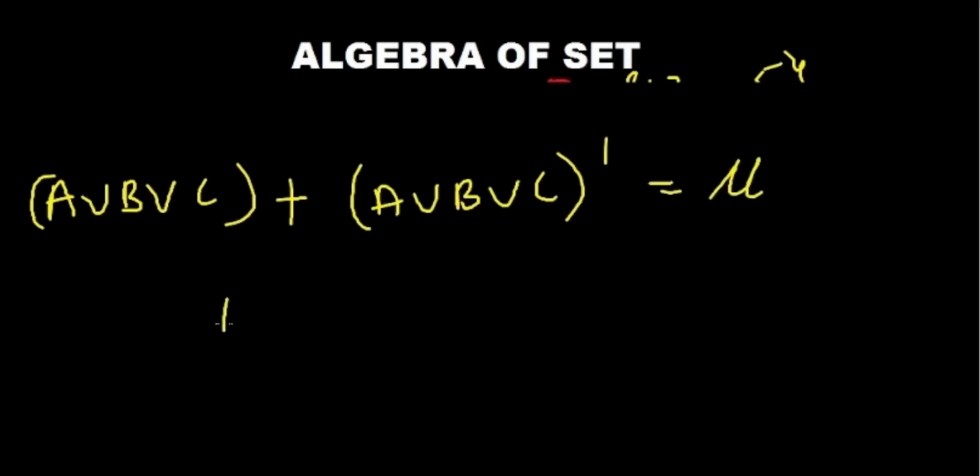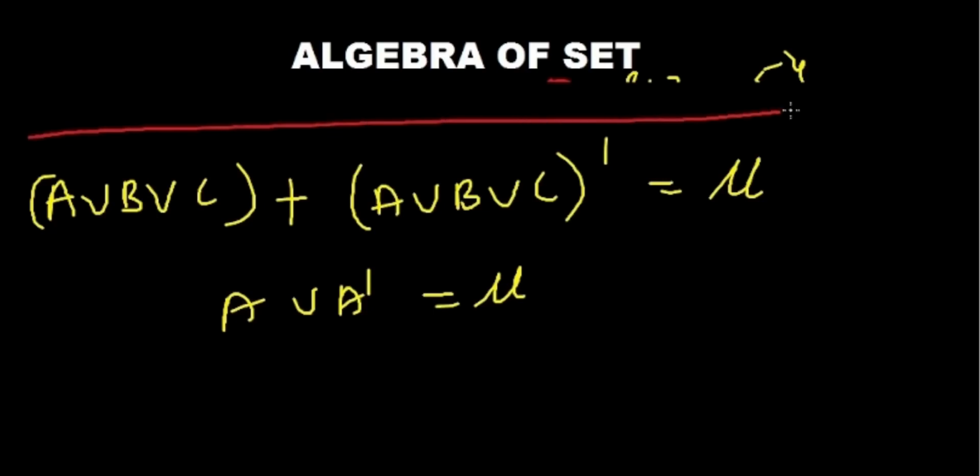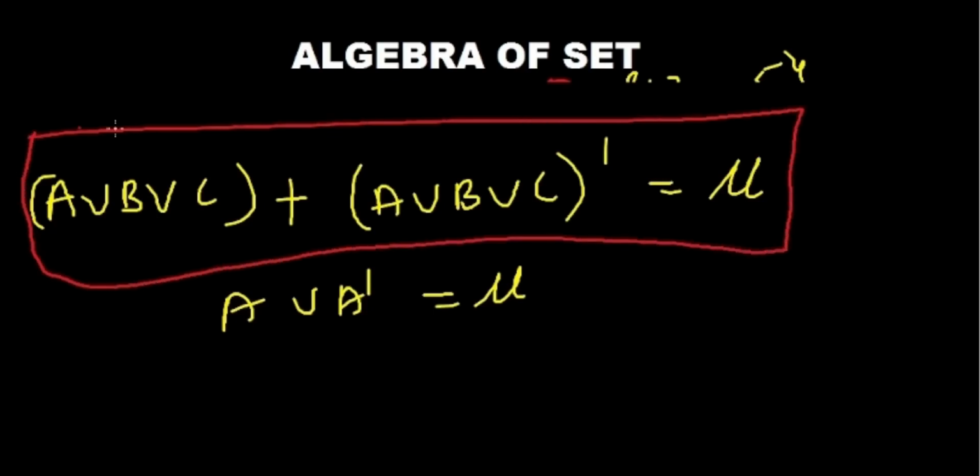It's just like saying A union A complement is the universal set. Same thing applies to this one. When you are working with your word problems, you always need this to work with. Very, very important. You have to know that because it's very, very much applicable in solving questions. There's a particular question I dropped where I used this particular theorem when I was solving it. So you have to note that.